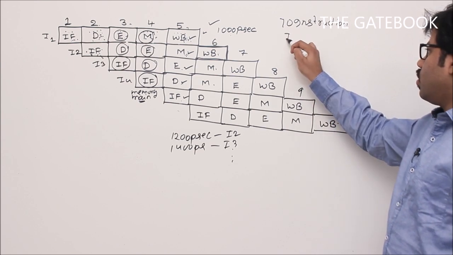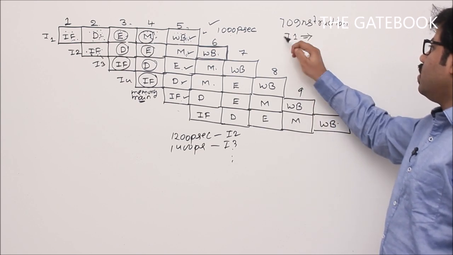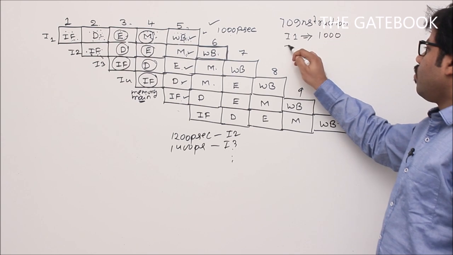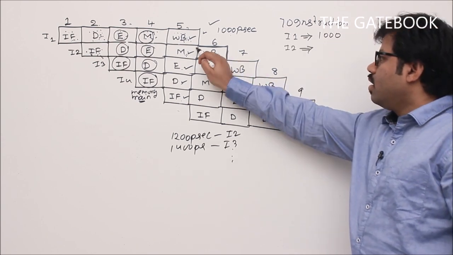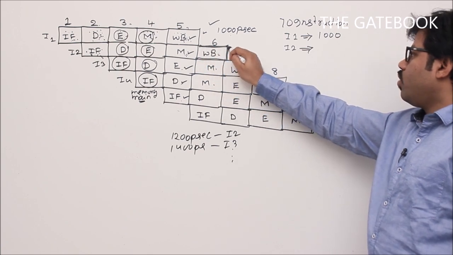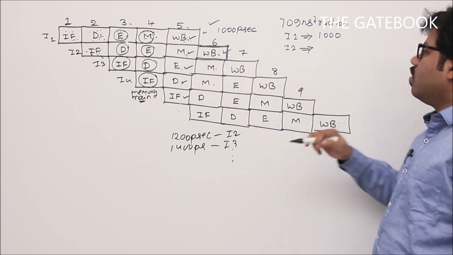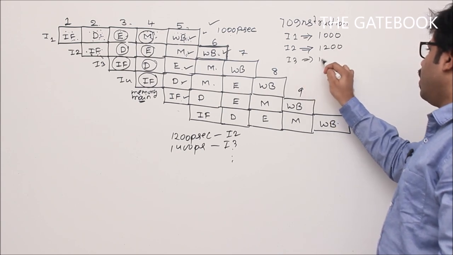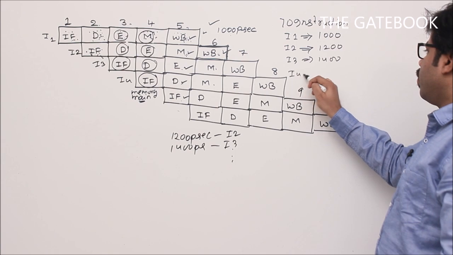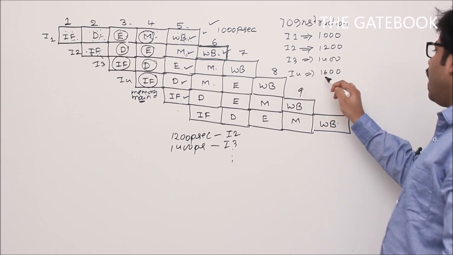Let's list it out. I1, instruction 1, requires 1000. After 1000, just 200 picoseconds later, the second instruction is also done, so 1200. I3, 1400. I4, 1600. I5, 1800. Now we can have a formula here.